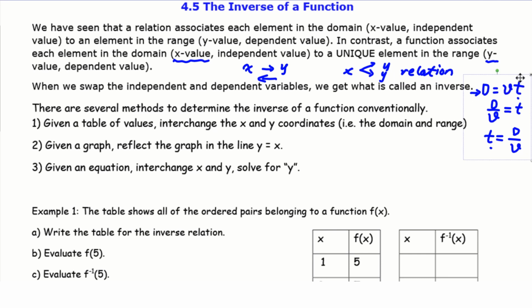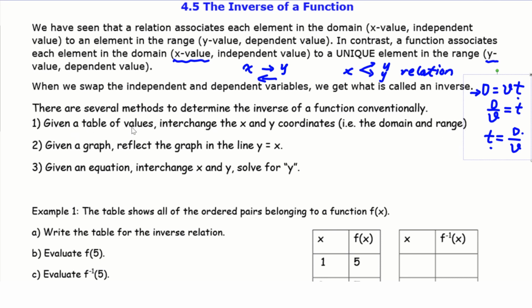In the first, t is input and d is output, and in this equation, d is input and t is output. They are inverses. So we have seen inverse functions before, and in this lesson we are going to investigate more in different forms.